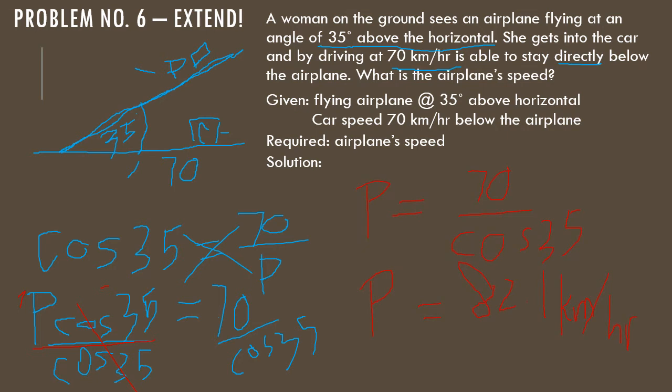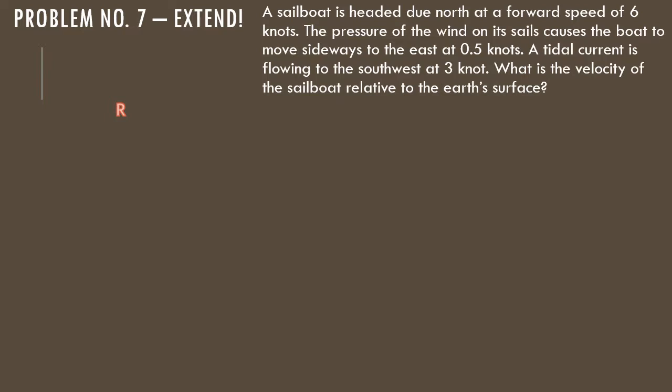So P is equal to 70 over cosine 35. So using your calculator, type 70 divided by cosine 35, or pwede naman in fraction, 70 over cosine 35 is pareho din naman yung sagot. So 82.1 km per hour yung speed ng plane.